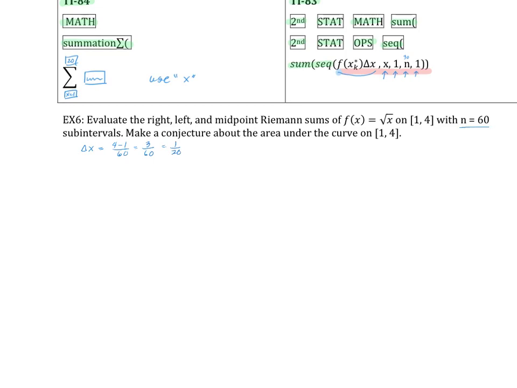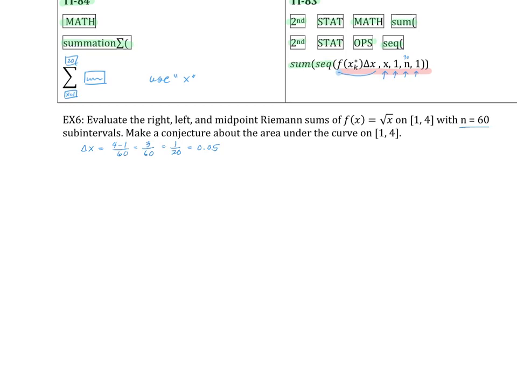Since I'm putting this in my calculator, I don't like putting fractions in my calculator. I like decimals better, so I'm going to write 0.05 for my delta x. Now, if I had a repeating decimal, then I would not use the decimal form. You want your summation to be as accurate as possible.